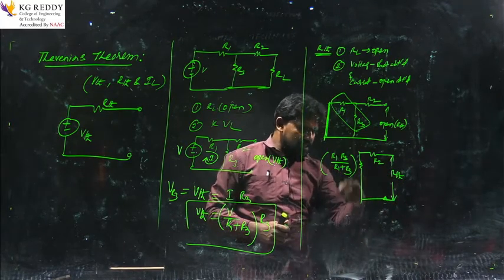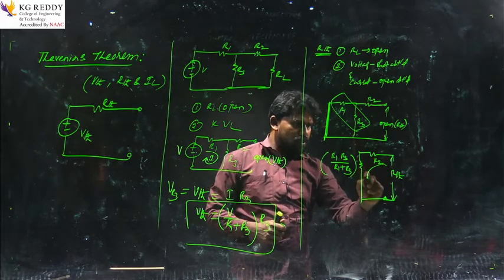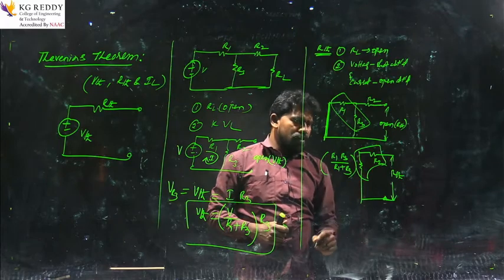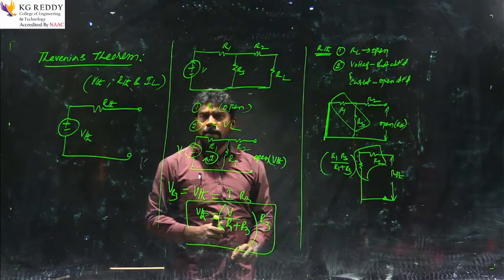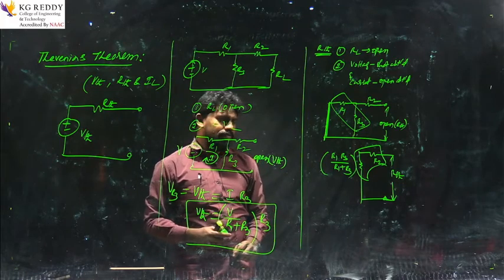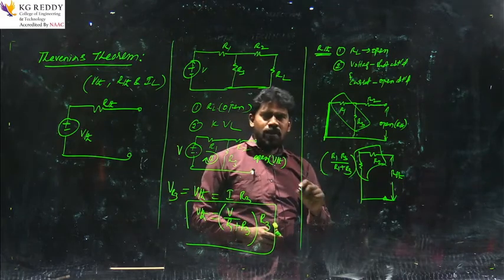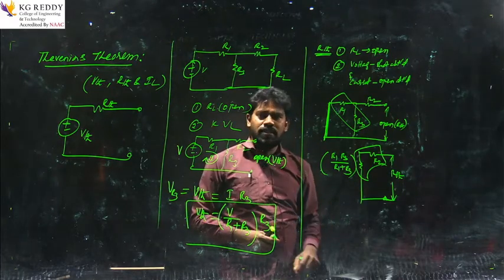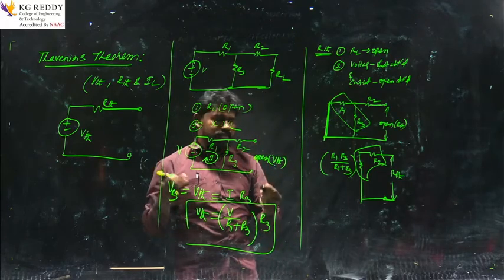While observing this network, these two are in series. So, what is the equivalent of series resistance? Yes, when resistances are connected in series, the equivalent resistance is equal to the summation of all the resistances. Very good.